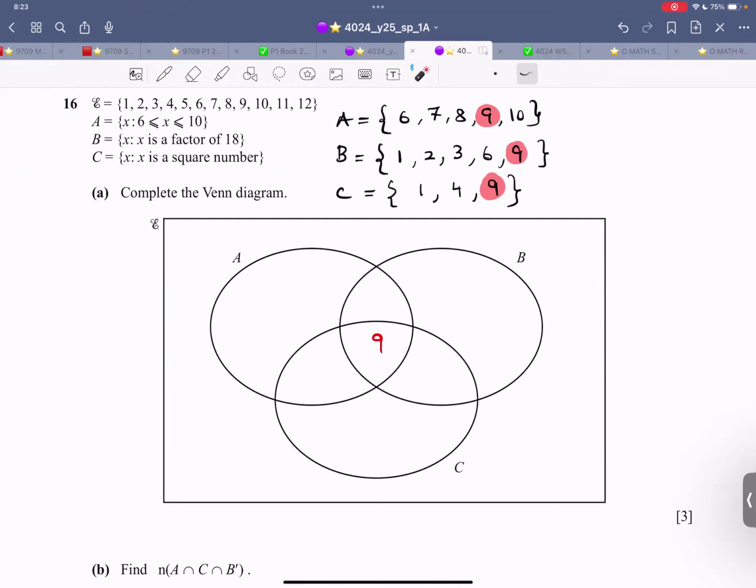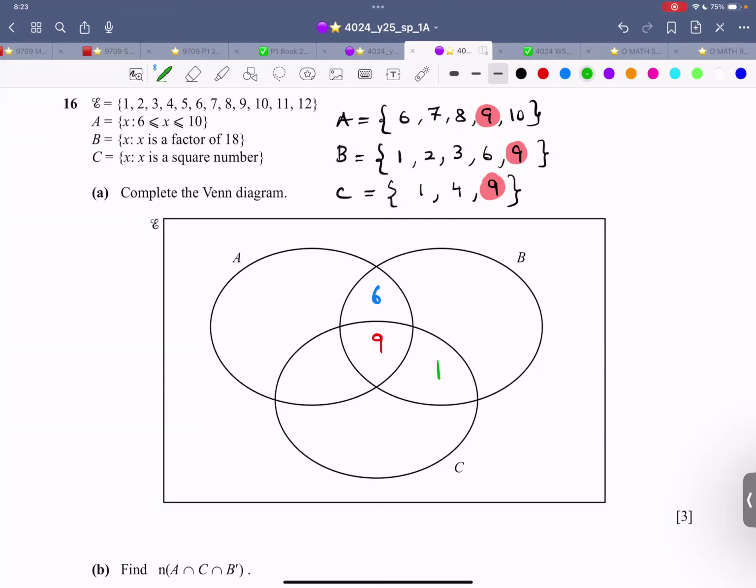Between A and B, there is 6 common, there is 9 common, and that's it. So let me write 6 over here. That thing is done. Is there anything in common between B and C? 1 is common, 9 is already common, and that's it. So between B and C, 1 is common.